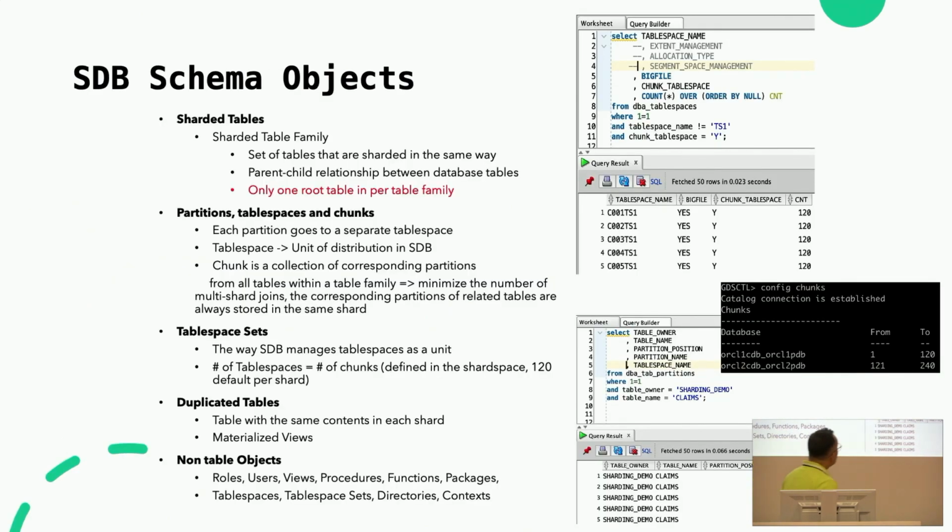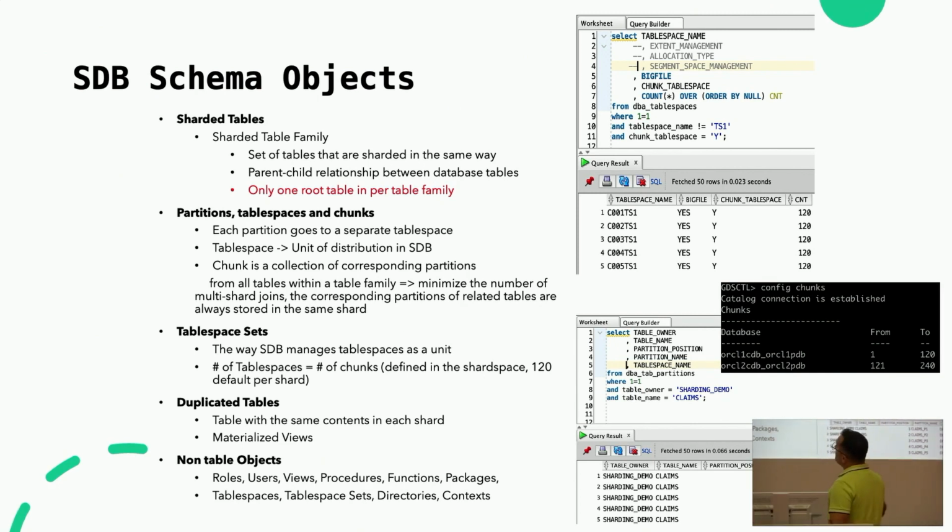Now, what are the sharded database schema objects? Again, it has to start with the table. And before we actually start with the table, Oracle invented something called a sharded table family. Sharded table families are nothing but normal Oracle tables which are sharded the same way, in the sense that they share the same sharding key. In order to create a sharded table family, you need to have one root table, which is parent to itself, so it doesn't have any parents.